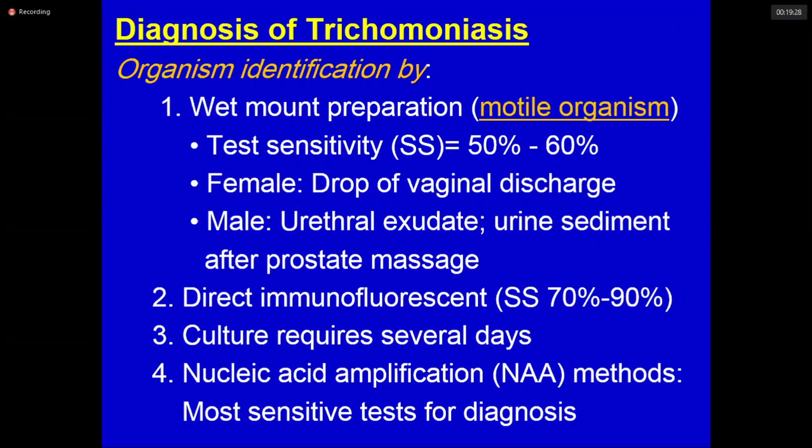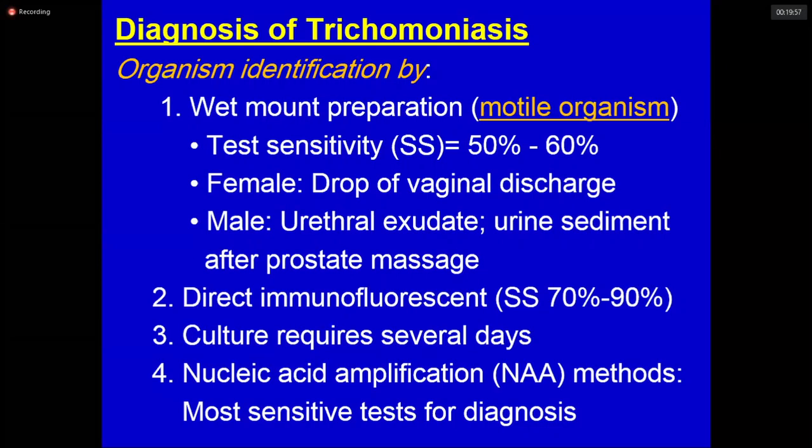Or you can do urine sedimentation after prostatic massage. We said it can infect the prostate. So the doctor makes a prostatic massage, that is, puts a finger and massages the prostate to make a fluid discharge from the prostate gland.